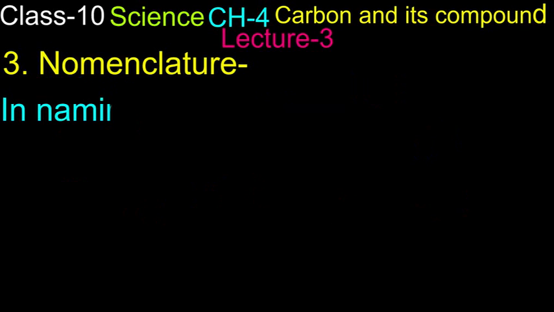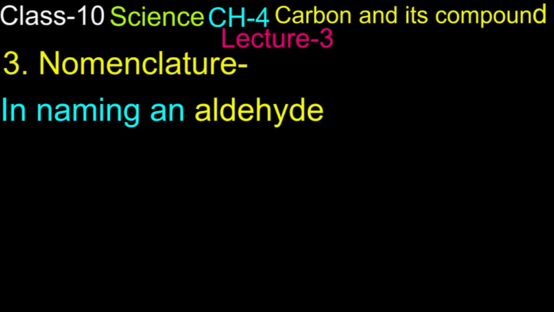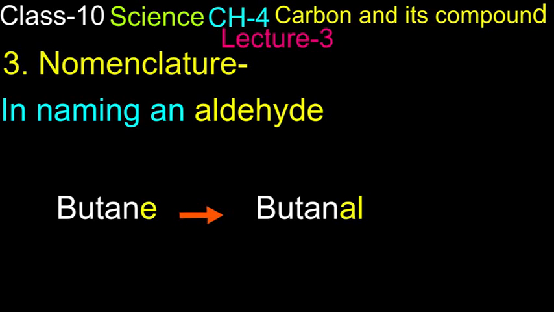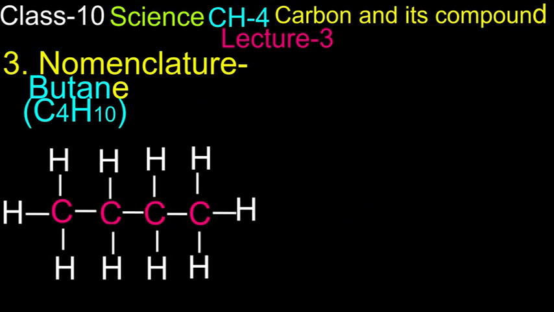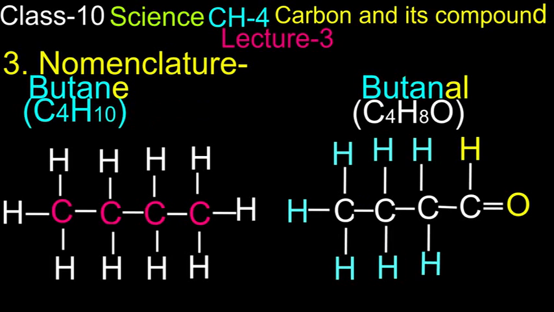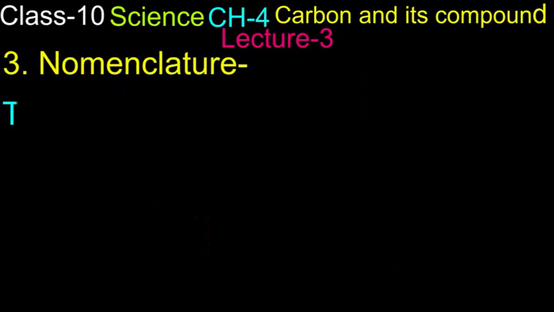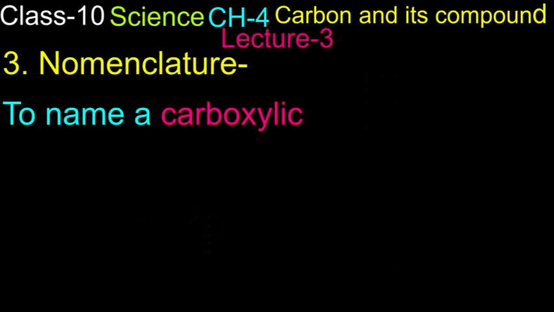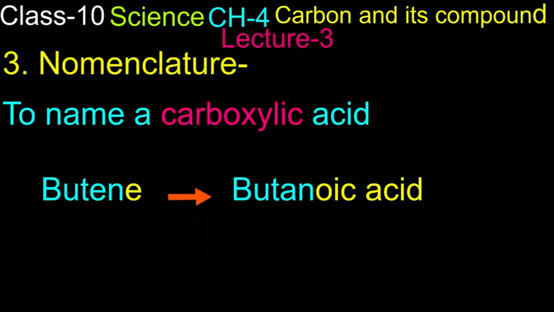In naming an aldehyde, suffix E of the alkane is replaced by AL. So here this is butane. Butane becomes butanal. To name a carboxylic acid, suffix E is replaced by oic acid.